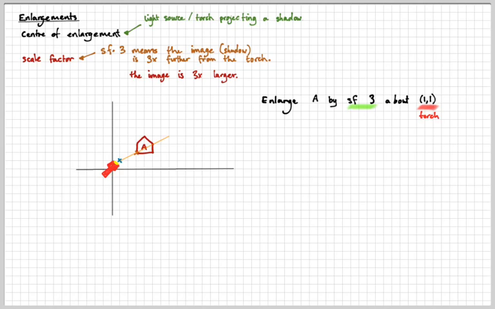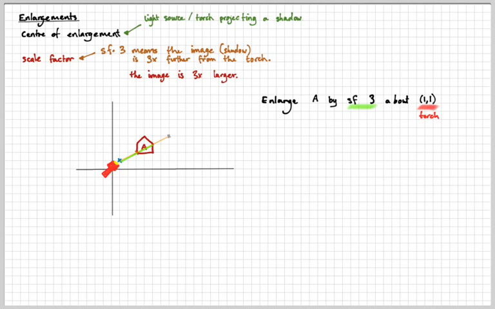So how far is this light going to travel? Well, if you think about it, it's got a scale factor 3, and that means that the image will be 3 times further away from the torch. So how far I've drawn that torch line, that light ray, is how far that cross will end up.